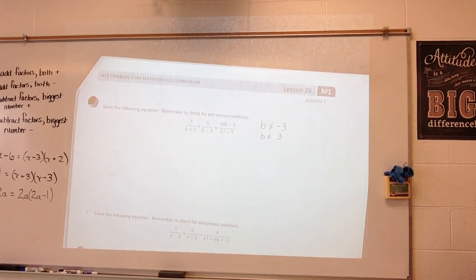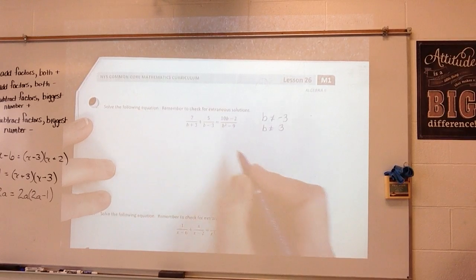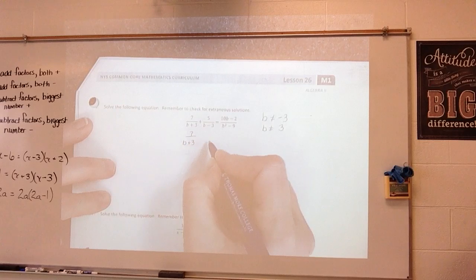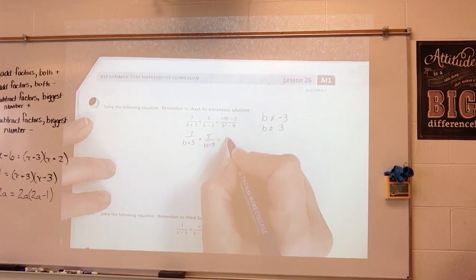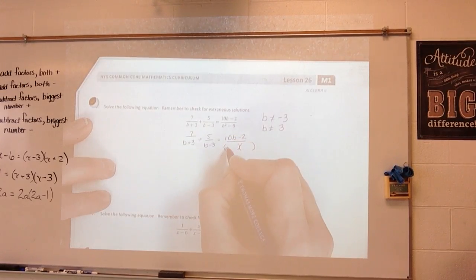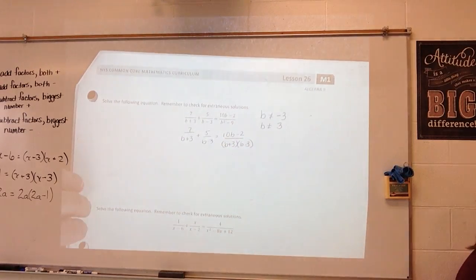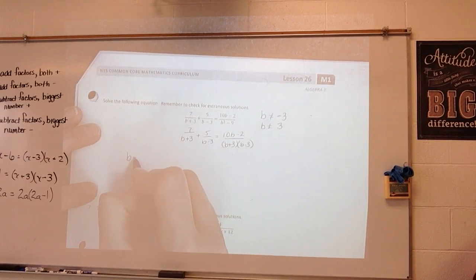So let's go ahead and I have 7 over b plus 3 plus 5 over b minus 3 is equal to 10b minus 2 over, and I'm going to factor this into b plus 3, b minus 3. So I see my common denominator is b plus 3 times b minus 3.